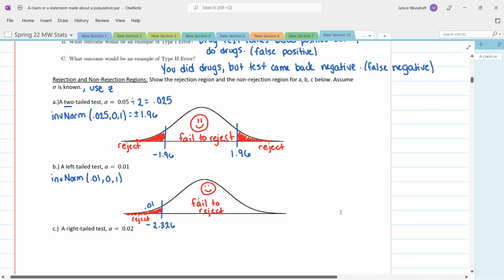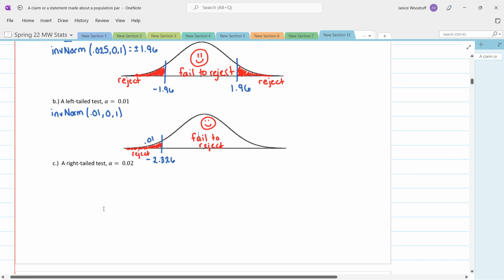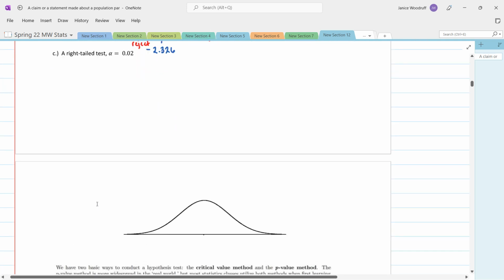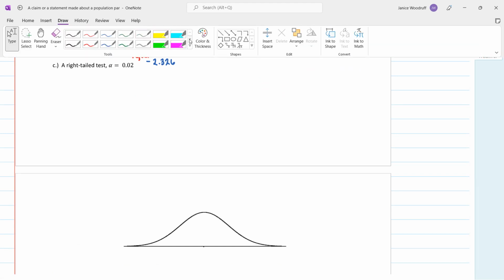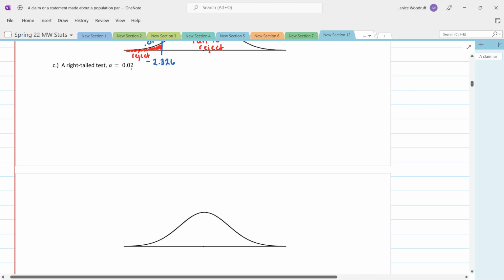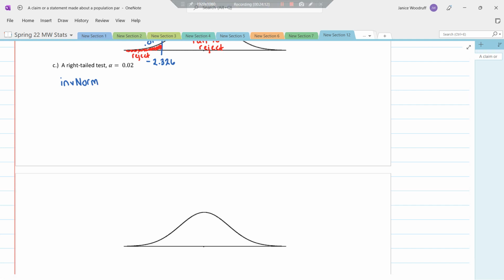Okay, and then the last one is a right-tailed test. And, oh, it's over here. Okay, with an alpha of 0.02. So when you do inverse norm, you have to do area to the left here. But let's just say you forgot, and you just went ahead and you did the 0.02.